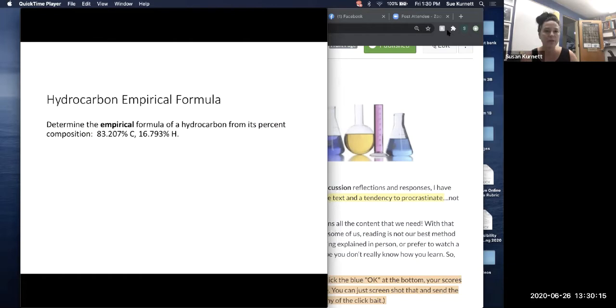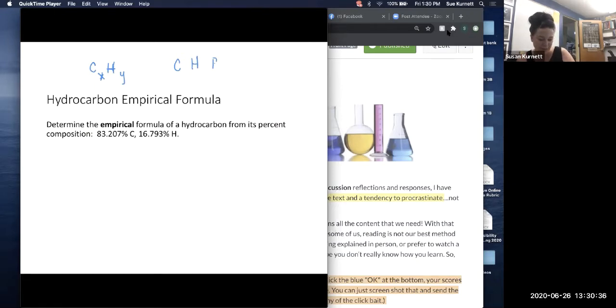Okay, so a hydrocarbon is simply something that has carbon and hydrogen. For naming things that are covalent that contain carbon, we always put carbon first, hydrogen second, and then everything else is in alphabetical order.